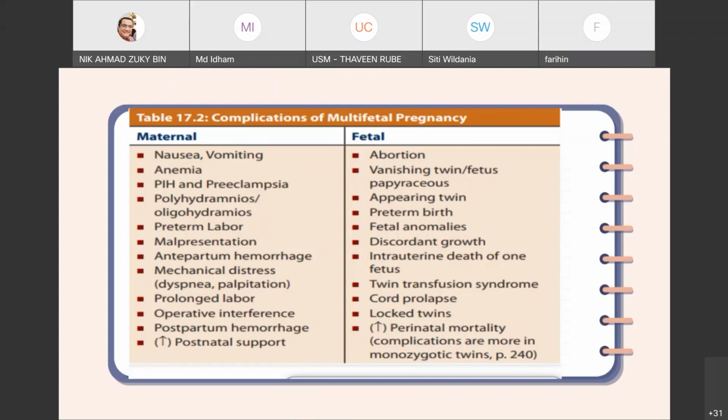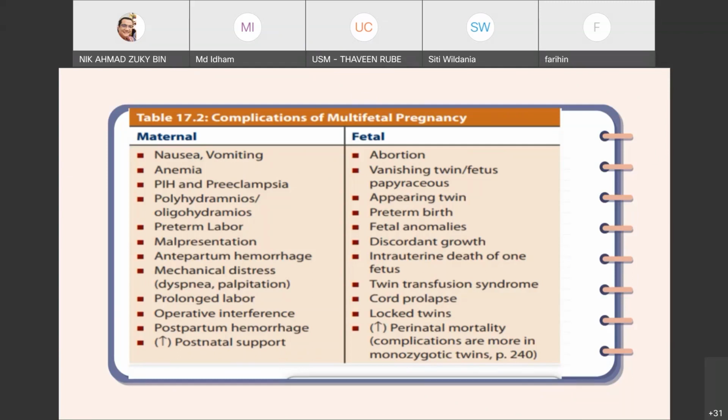Malpresentation, of course, if the baby is a twin, is relatively associated, one because of poly, another because of oligo, or both fetuses are cephalic, presenting at a similar level, so both compete for the pelvic brim and both are unable to enter it.